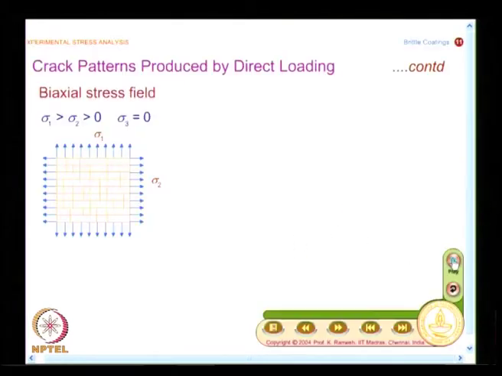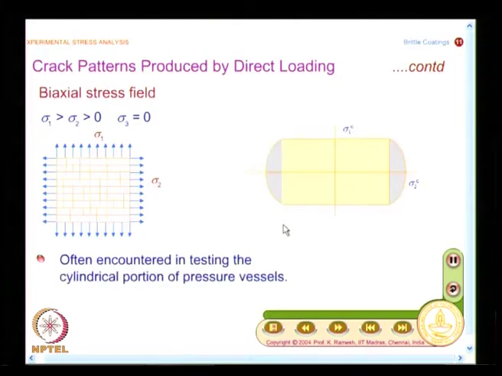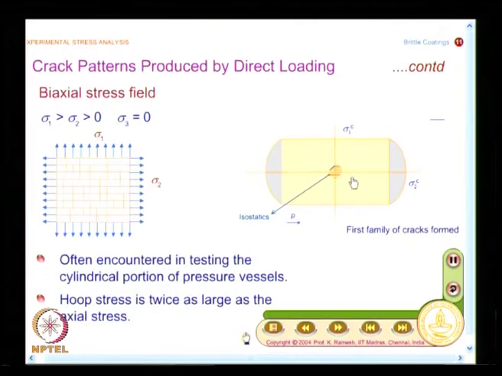And this you had already seen in the earlier discussion on brittle coating, the famous example of the pressure vessel we had looked at. And mind you, this is not an ideal pressure vessel, that is why you have cracks formed like this. It is not perfectly cylindrical, you have welding, you have that kind of practical issues considered for illustration.